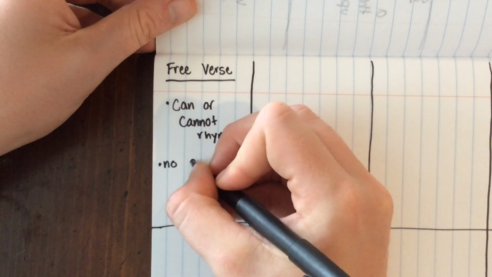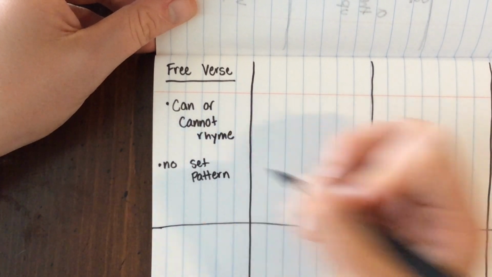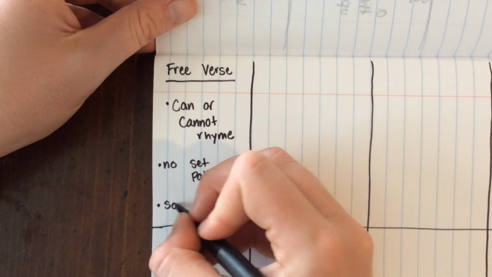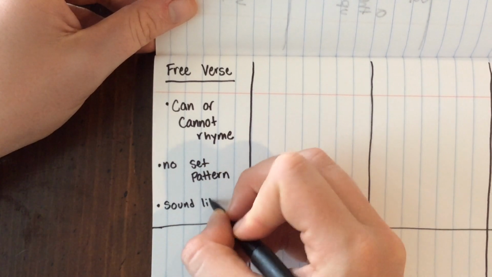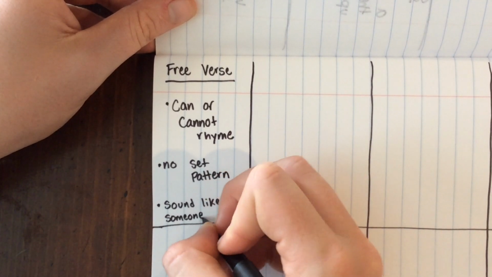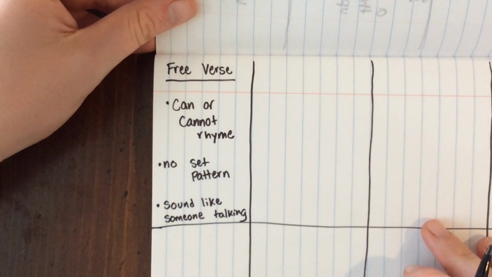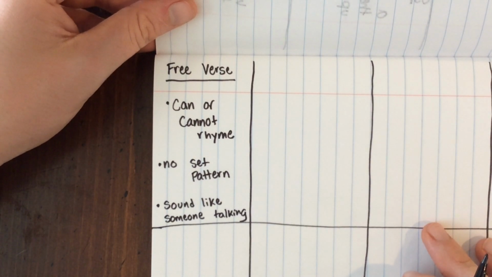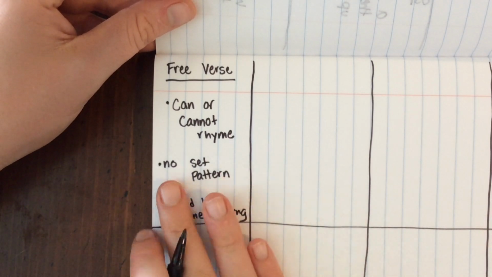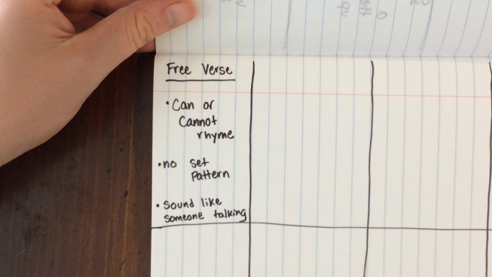No, they have no set pattern. And they sound like someone talking. All right, these poems really don't have a pattern. So if a poem cannot fit into any other style, it's going to be a free verse poem.